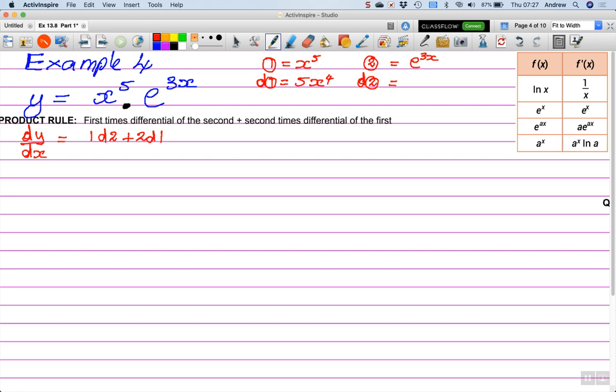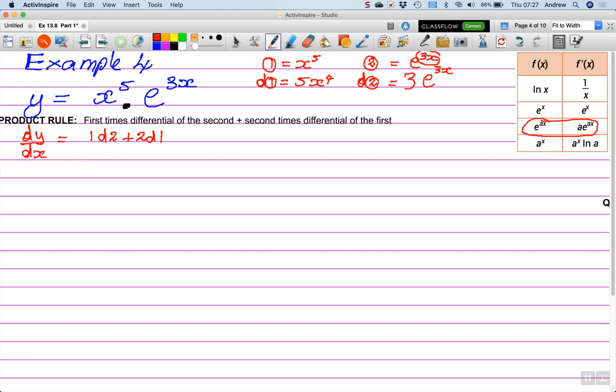So the differential of an e function is e to the 3x, and then you multiply by the differential of the power, and that's going to be multiplying it by 3. In actual fact, what we're doing very sneakily is using this formula, the one I said that I don't use, ironically, but in this particular circumstance it does speed it up.